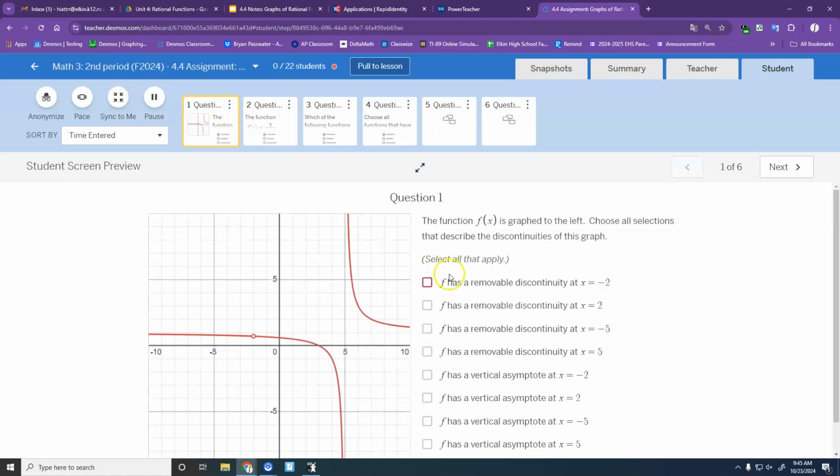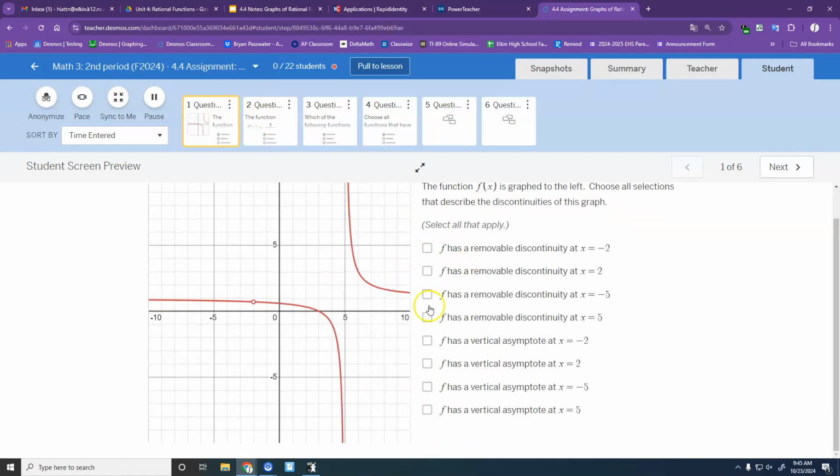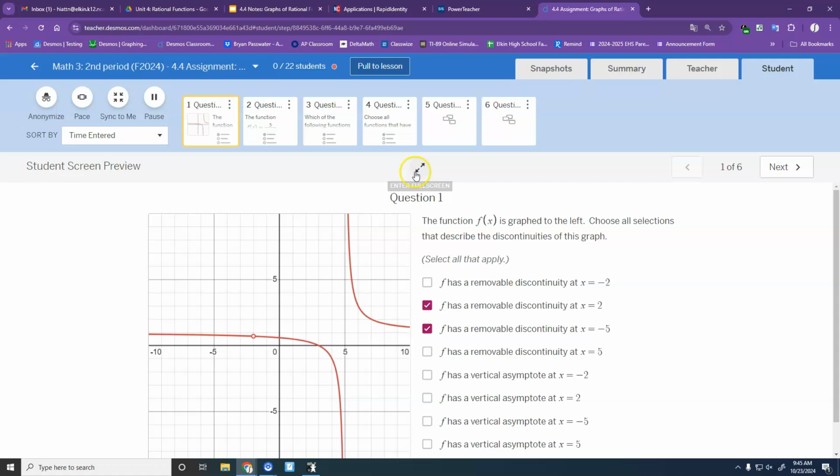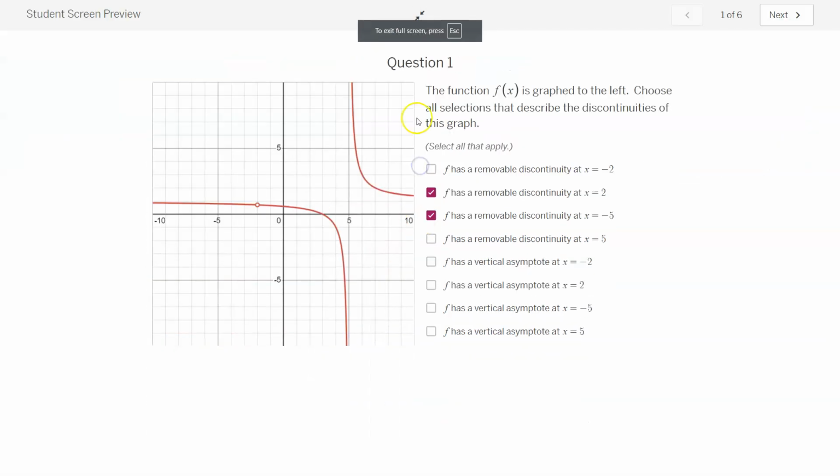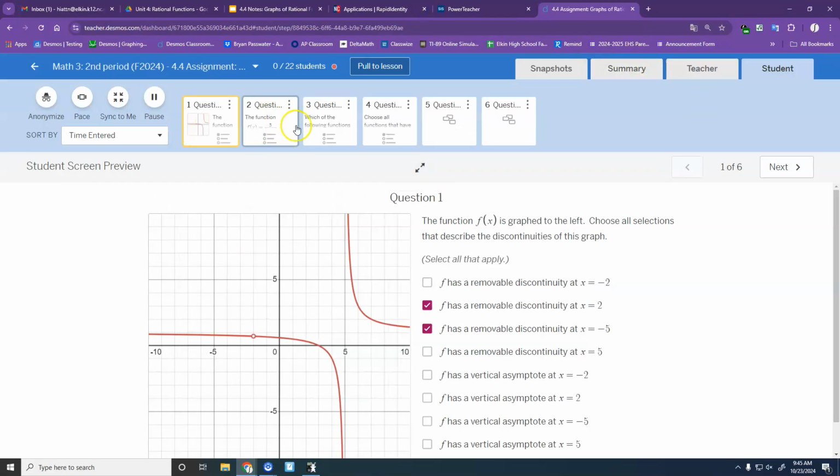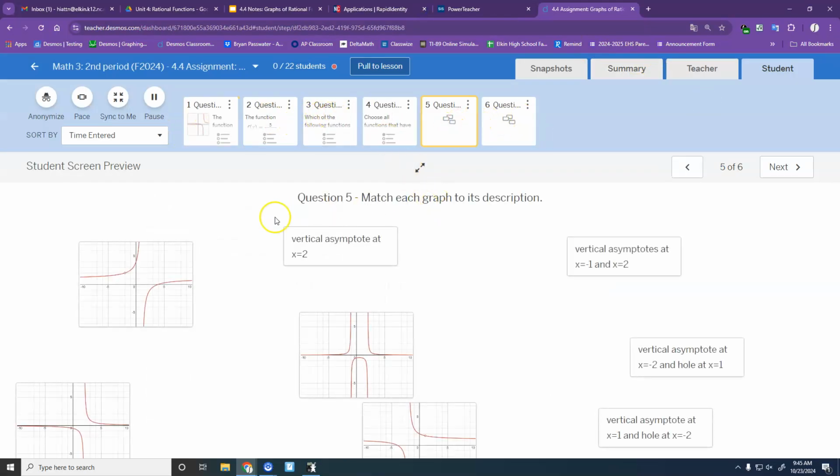Some of them, like this one, you can include more than one answer. So, like, you could pick these 2 here, and we'll see that. Are they full screen? No. Okay. Then your last ones are matching.